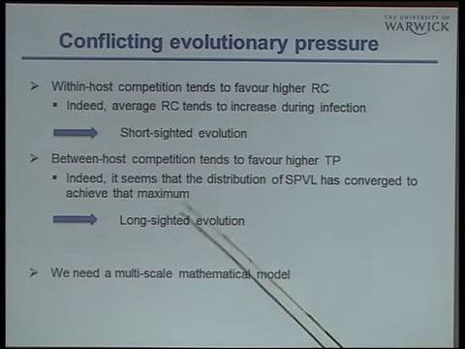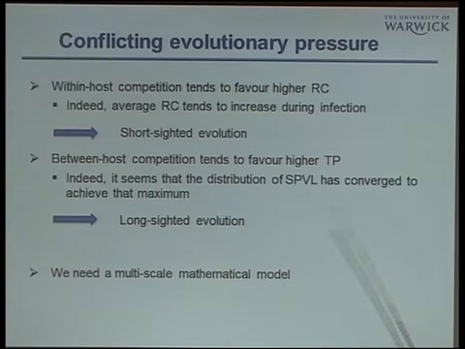And then there is a between-host competition that tends to favor instead the strains with the highest transmission potential, and indeed it seems that the distribution of set point viral load has converged to achieve its maximum at the population level. So these two types of evolution are quite different because this is what we will call short-sighted evolution, because the strain that is fittest at reproducing within the host tends to lead to a high set point viral load, which is not the optimal at the population level. Okay?